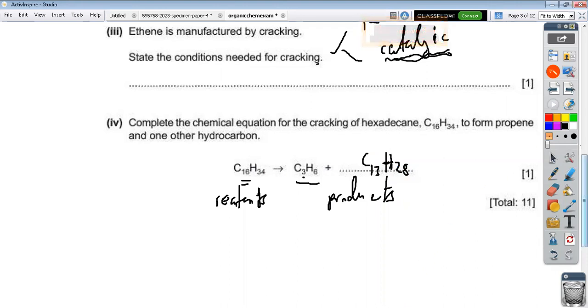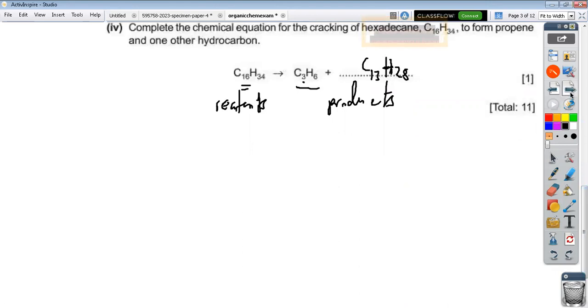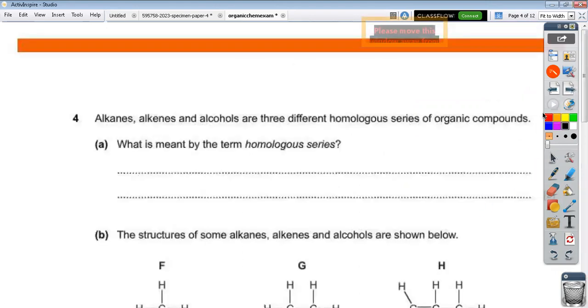The naming is not important, which is not in your syllabus anyway. You only know how to name up to C10. Now, alkanes, alkenes and alcohols are 3 different homologous series of organic compounds. State what is meant by the term homologous series. What does that mean?